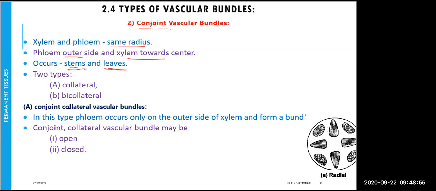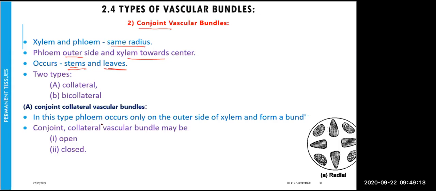Now, in the conjoint collateral vascular bundle, in this type, phloem occurs only on the outer side of xylem and forms the vascular bundle. I'm going to repeat.